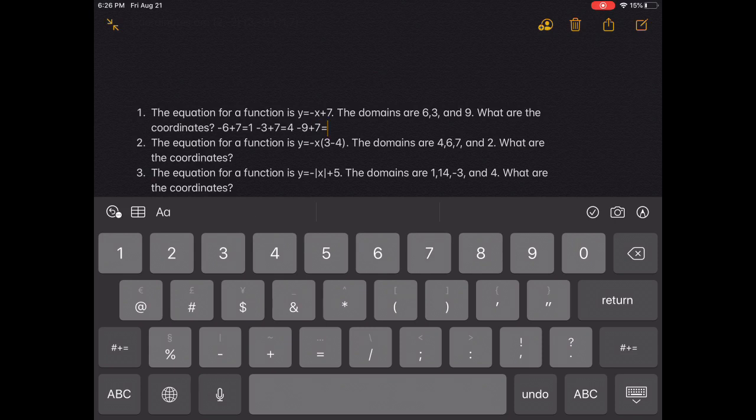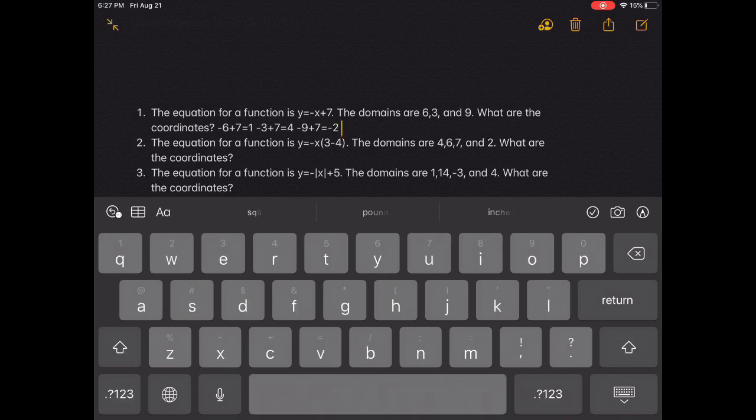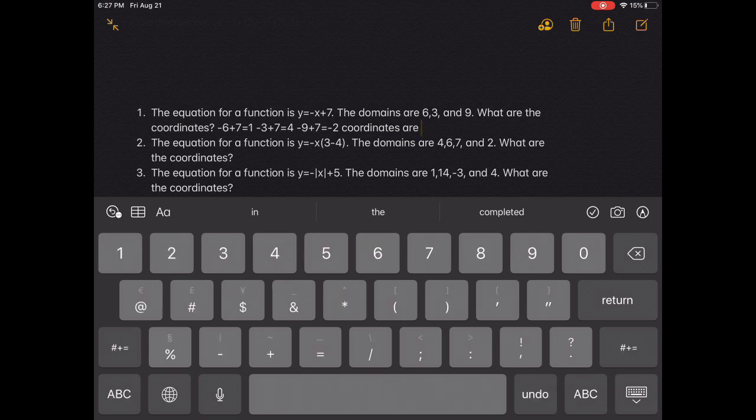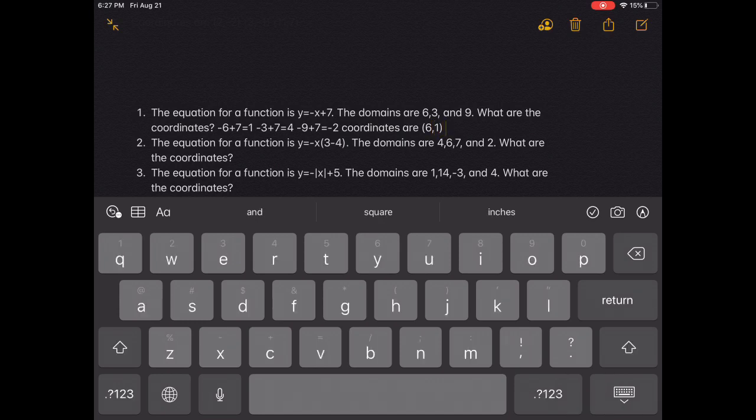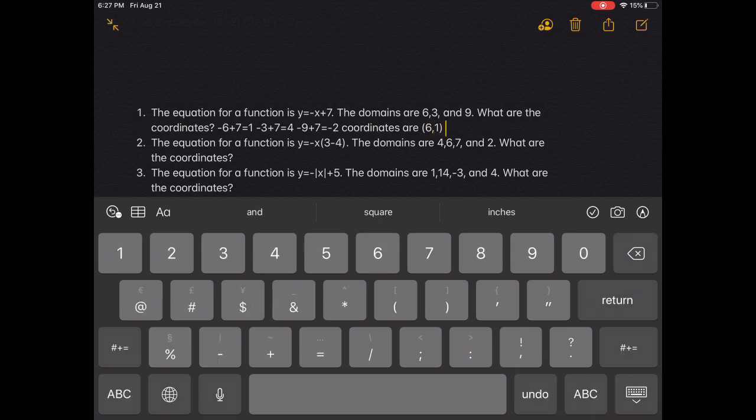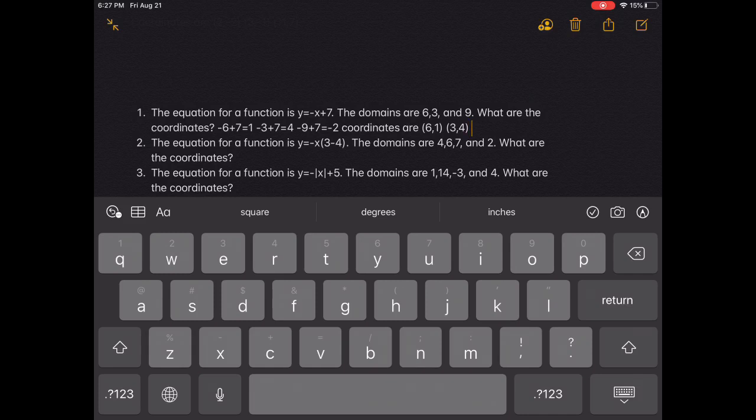For the third one, it's -9 plus 7, and that will equal -2. So the coordinates are 6, 1, 3, 4, and 9, -2. Let me type this real quick, and then we're going to hop right into problem number 2.